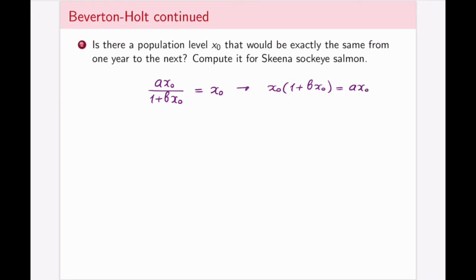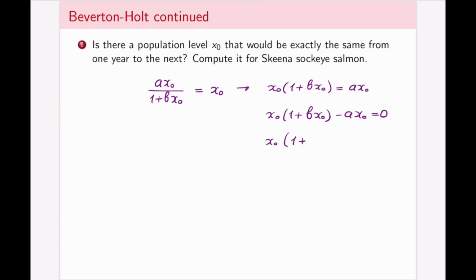I can move this term to the left and factor X naught out. Let me do this in 2 steps. I've moved this over to the left, and then I noticed that this big term has X naught, and this term has X naught as well. So I can take it out of the entire brackets.